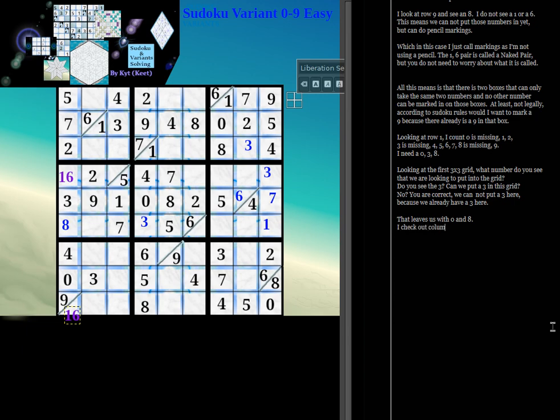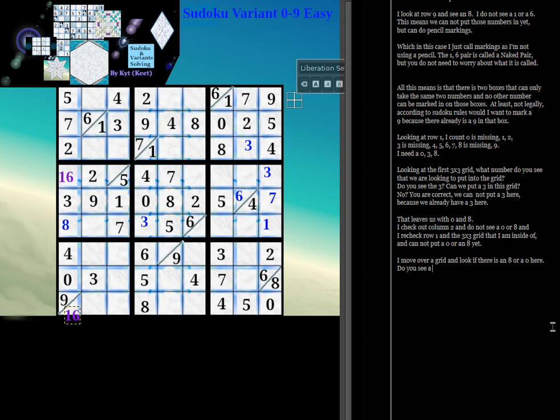I check out column 2 and do not see a 0 or 8, and I recheck row 1 and the 3x3 grid that I am inside of, and cannot put a 0 or an 8 yet. I move over a grid and look if there is an 8 or a 0 here.